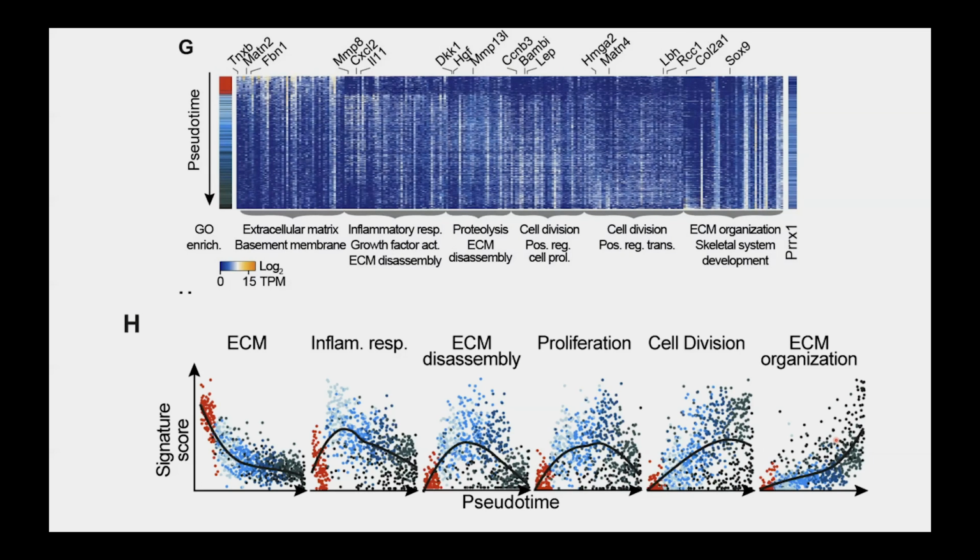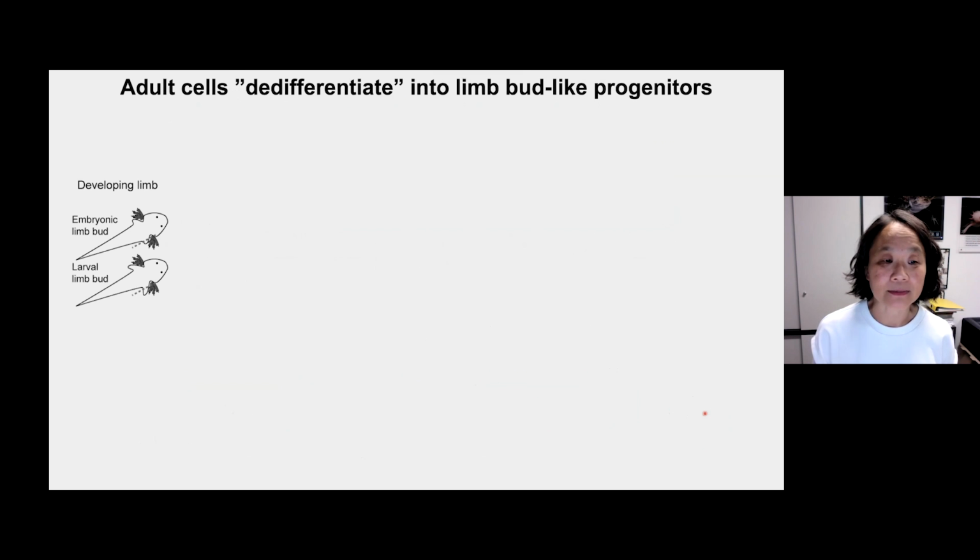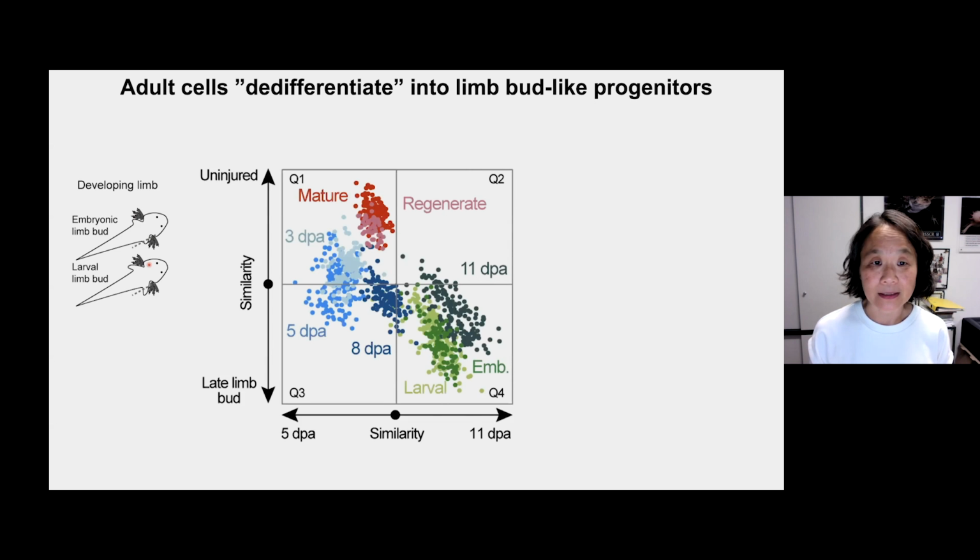Now, these blastema cells have to regenerate the entire limb with full pattern. And so an important question in our field is to what extent the regeneration process is basically reverting back to an embryonic program and replaying this embryonic program. And we wanted to address this with the single-cell sequencing. And so we also profiled embryonic limb bud cells of the axolotl and then compared their transcriptional profile with the blastema cells.